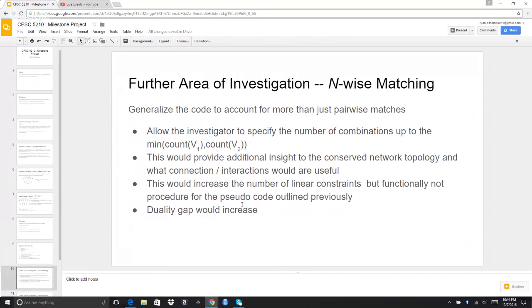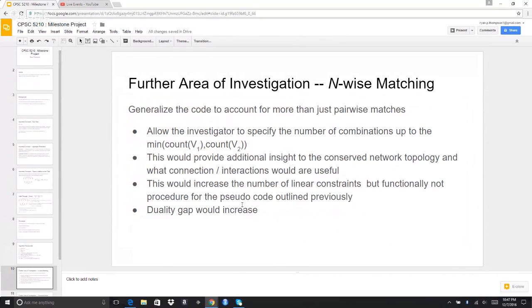The first would be n-wise matching, a play on the author's pairwise matching. He assumes 2 vertexes are connected to make the edge. While that obviously is important because it's a step further than just single node interactions, I would ask, can we generalize the code to account for more than just the pairwise matches?